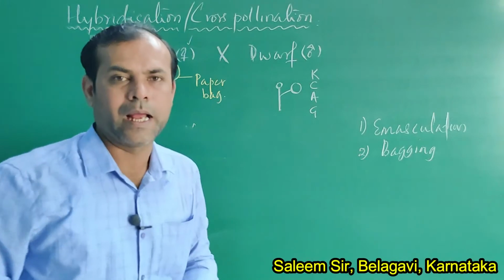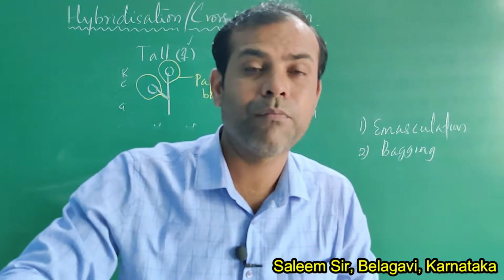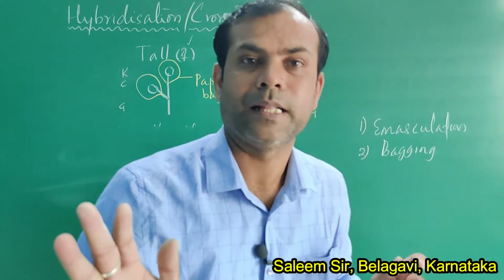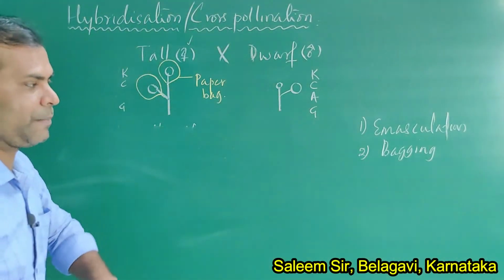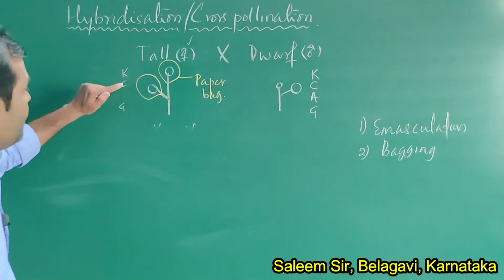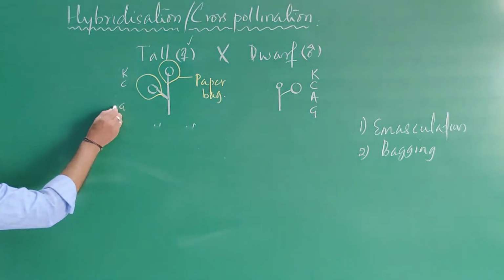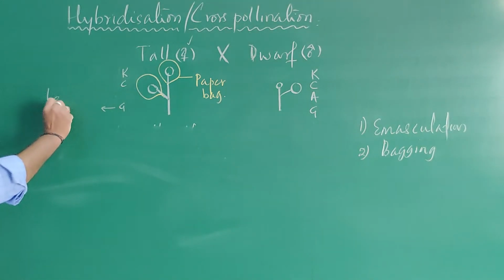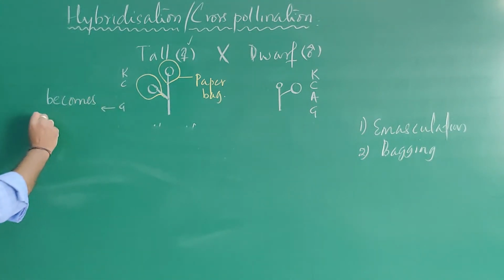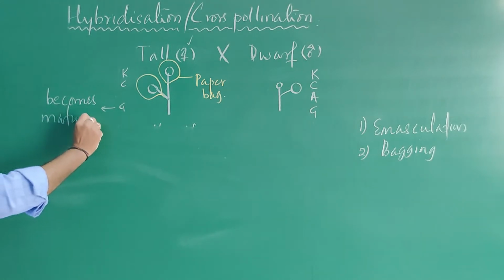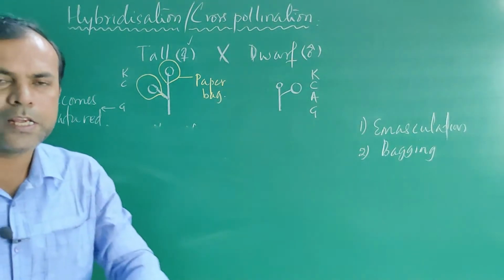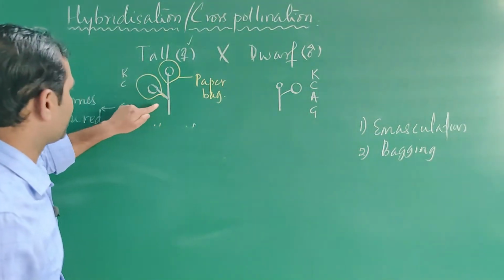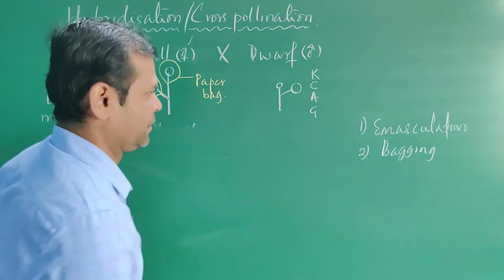So you have to remember, after emasculation the flower is covered with a paper bag, that is bagging. Now third step, that is debagging. When this gynoecium becomes matured, now remove this paper bag.